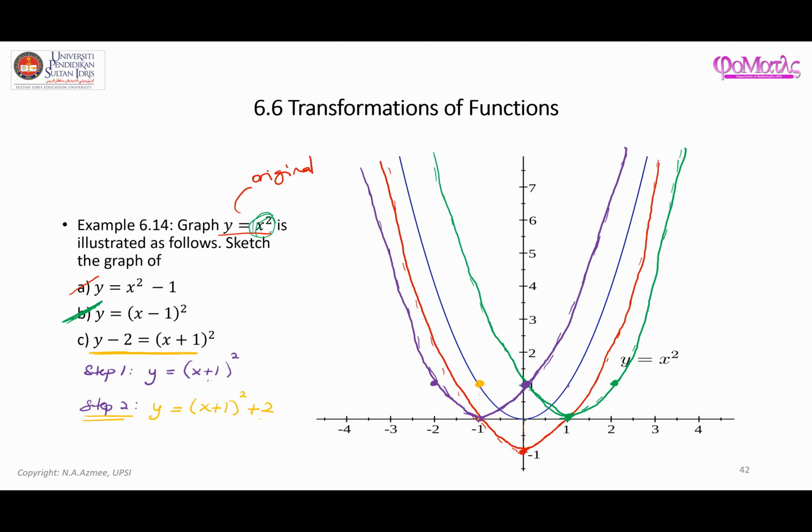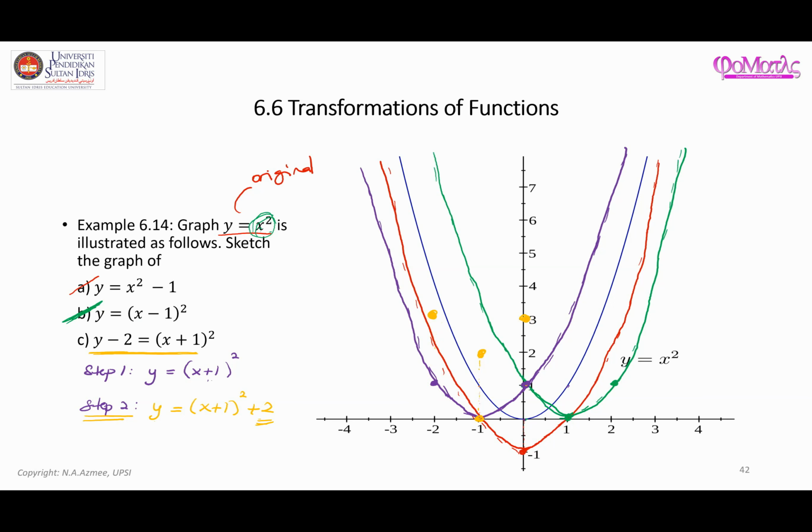Oh sorry, it's not going 1 point upwards, it's going 2 points upwards. So let me just erase that point. So we're going 2 points up. If this is at this point, I'm going up to maybe here, 2 points. This point will also be going up here, and this one will also go up 2 units.